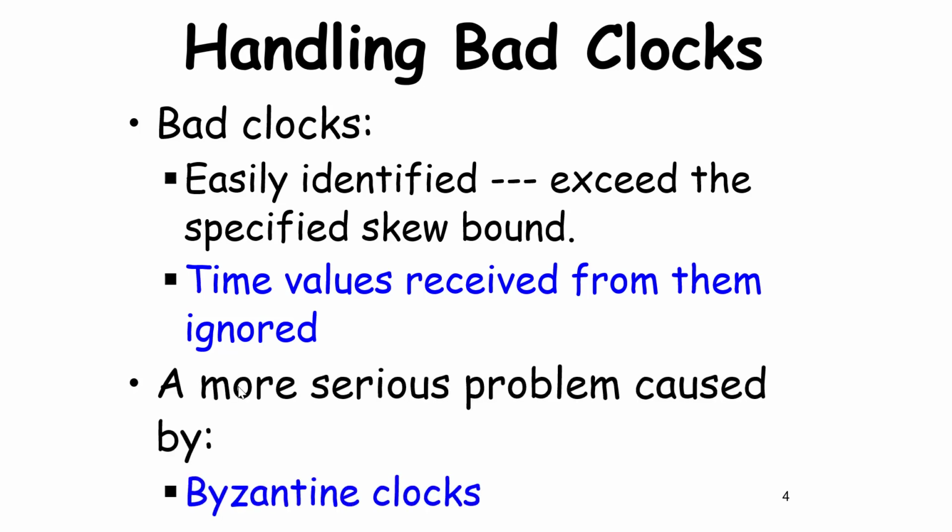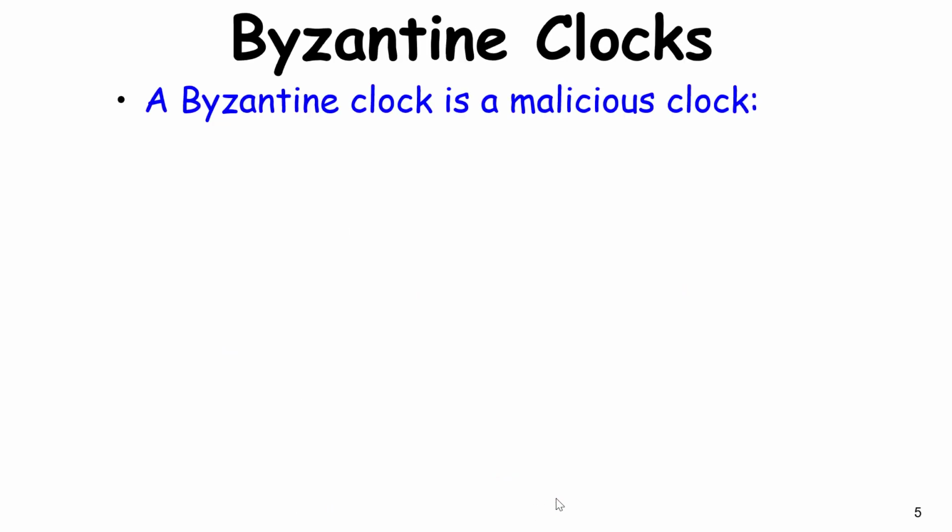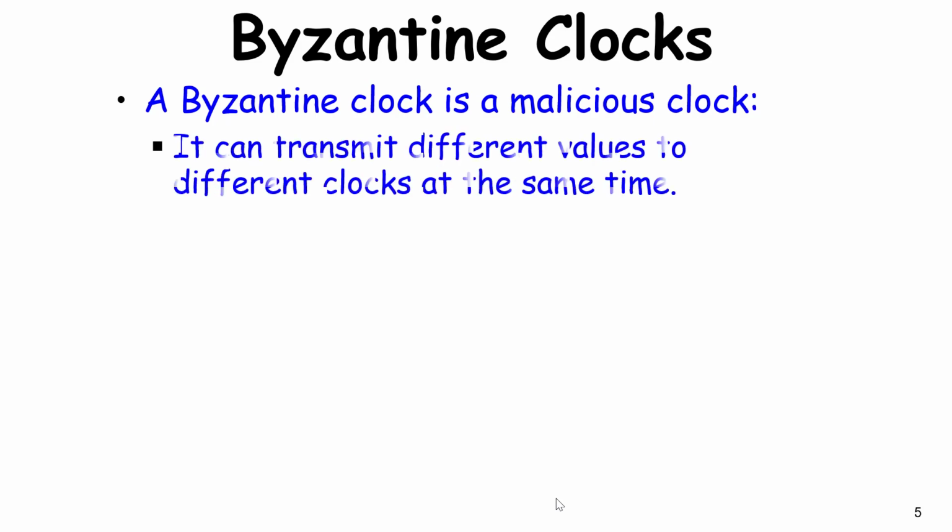But a much more serious problem is caused by Byzantine clocks, which are malicious clocks that deliberately lie, in the sense they give one value to one process and another value to another process. A Byzantine clock, needless to say, is a malicious clock.